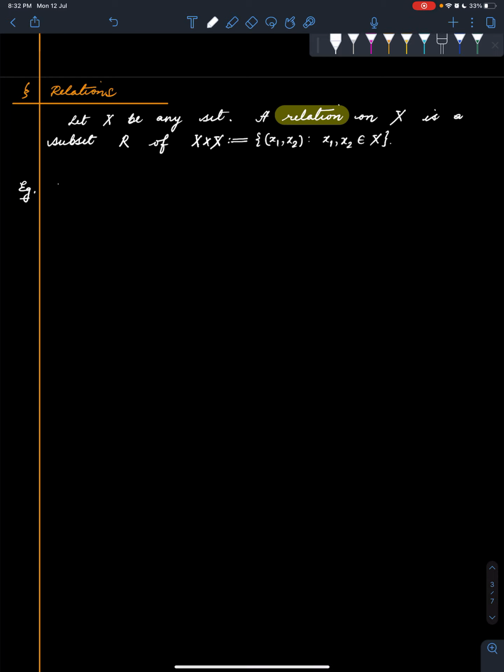So let P be a set of people, a set of human beings, basically. So not all human beings, just some human beings you have collected in a set. And now here is how you can define a relation on them.